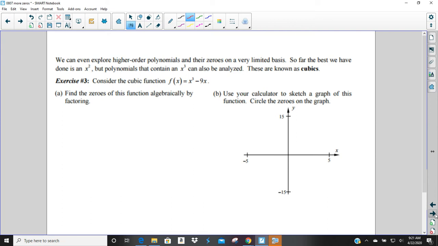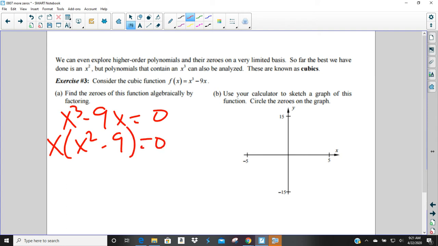Find the zeros of this function algebraically by factoring. So let's do this. We have x to the third minus 9x, so I'm going to change it to x to the third minus 9x equals 0. The first thing I do is look to see if there are any greatest common factors, which there are. It's x. So I'm left with x times x squared minus 9 equals 0. Now, some of you might say, oh, good, I can see already.